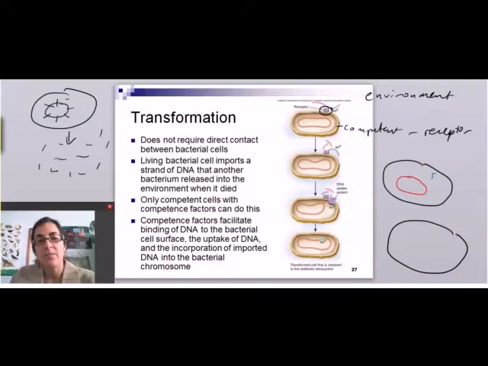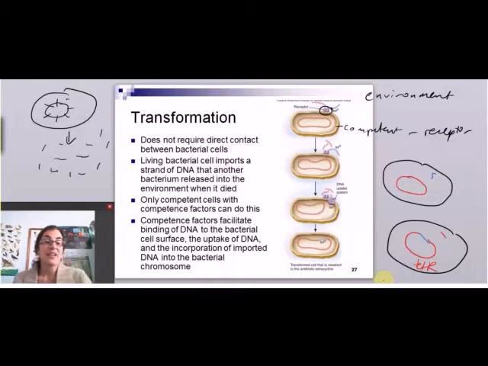But if it does match, what will happen is that little blue piece will get exchanged with a little red piece. So a little red piece will get cut out and become trash, and the blue foreign piece will get integrated into the bacterial chromosome. In the image here in your textbook, it's following this gene, which is for tetracycline resistance. And so what's happened is now that this is part of this chromosome, this would be resistant to tetracycline.